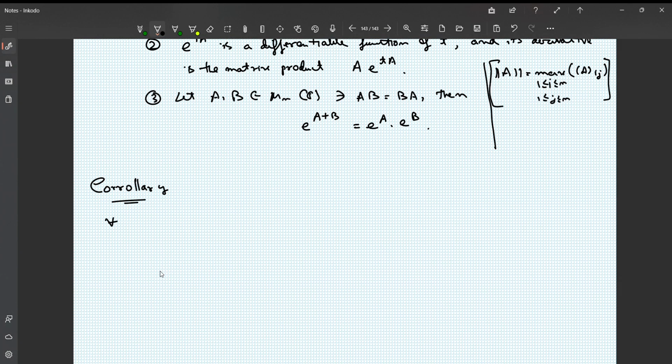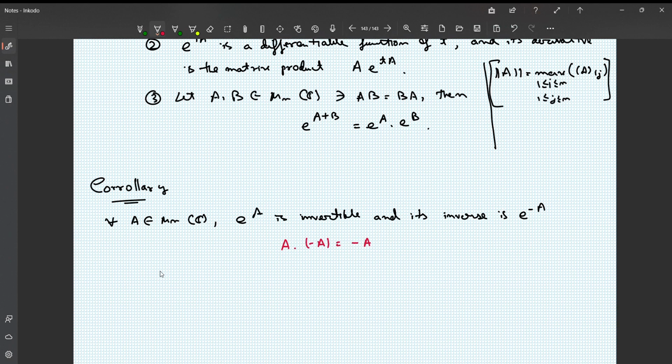The first corollary is that for all complex matrices A, e to the power A is invertible, and its inverse is e to the power minus A. Now it's quite obvious, because if you consider the third statement, then A and minus A commute.